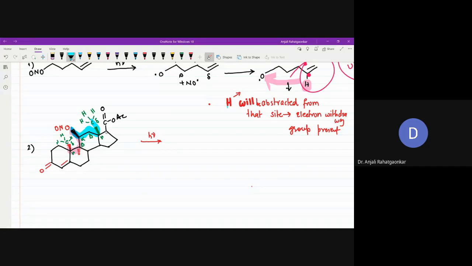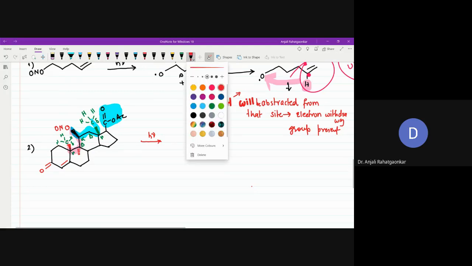Though it is not present on the next but one carbon atom, the inductive effect is always there. So this complete site represents the electron withdrawing character.